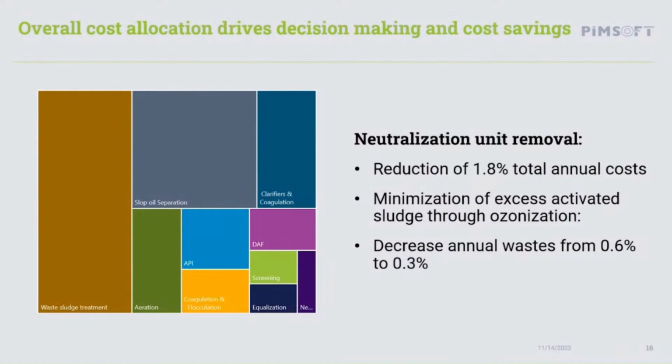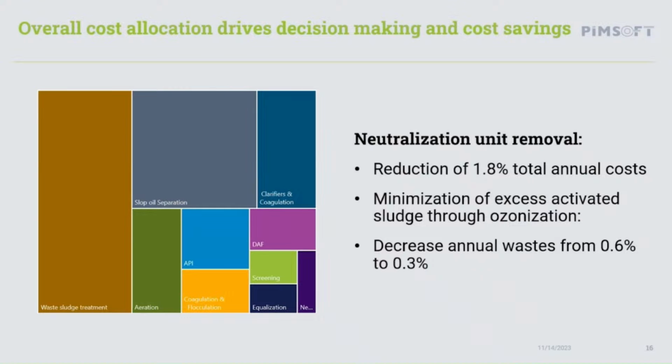So before we have shown figures for the overall balance. Here instead we show the cost allocation by quantity center. As you see, the highest costs of the plant are related to the waste sludge treatment and the slop oil separation units. The significant impact of mass balance that we have seen in the previous slides has been translated into a 1.8% reduction of total annual costs.